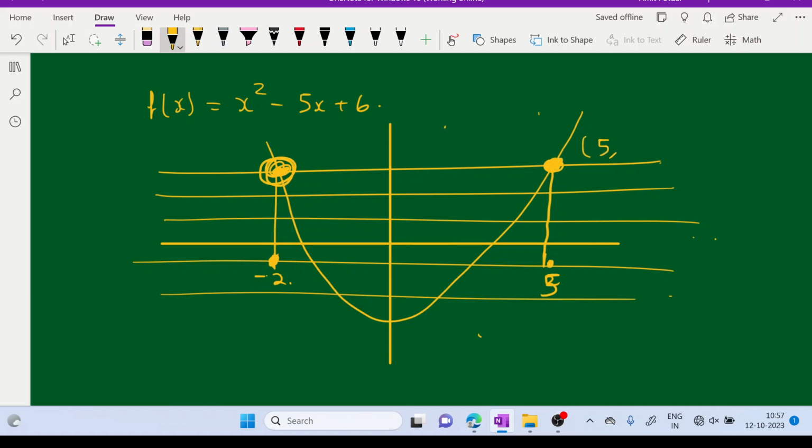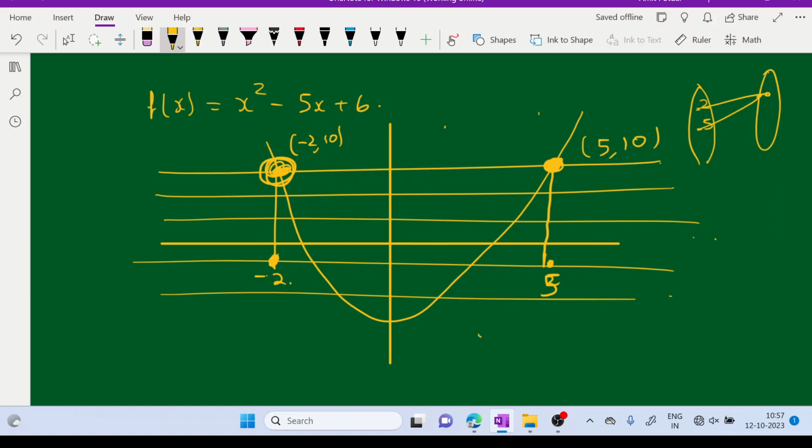So this is (5, 10) and this is (-2, 10). The value for x equal to minus 2 is 10, and the value for 5 is also 10.